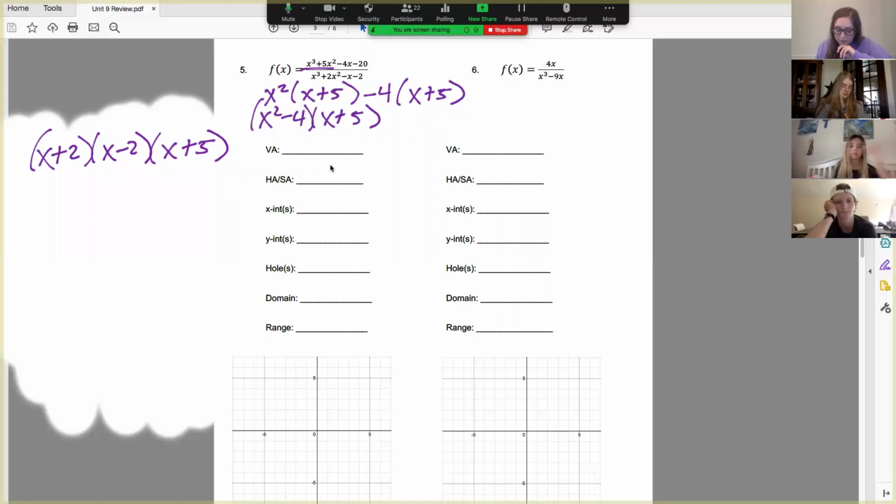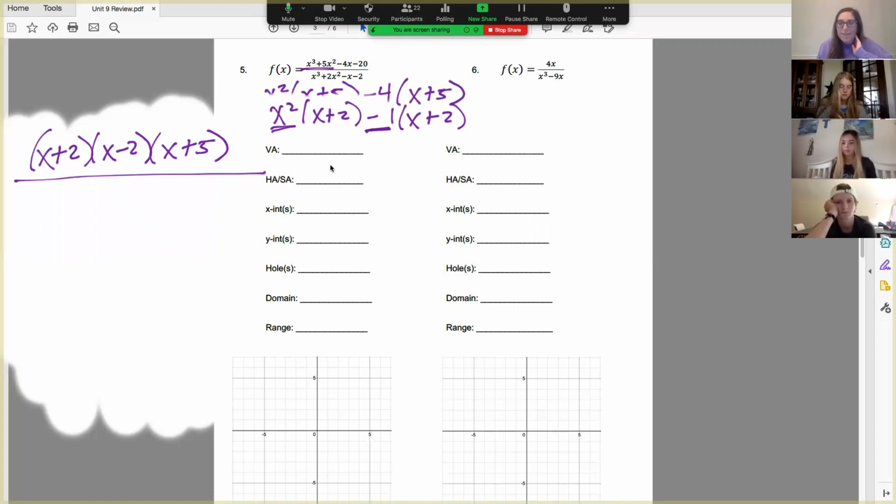On the denominator, I factor by grouping. I pull out an x squared, I'm left with x plus 2, minus 1, x plus 2. So you end up getting x squared minus 1, which is also a difference of squares, so it's x plus 1, x minus 1, and then x plus 2.